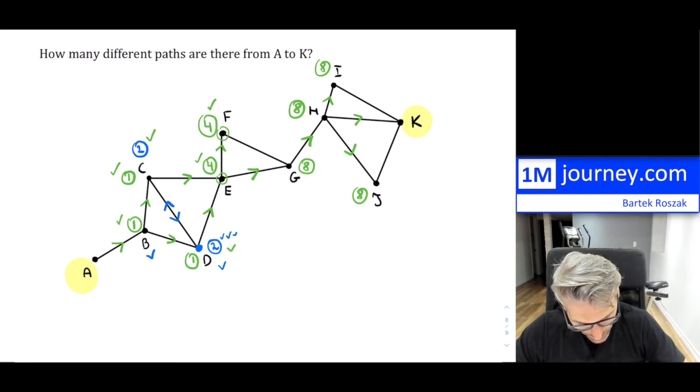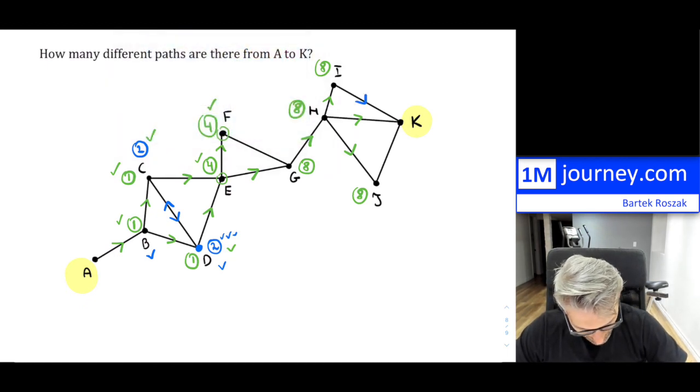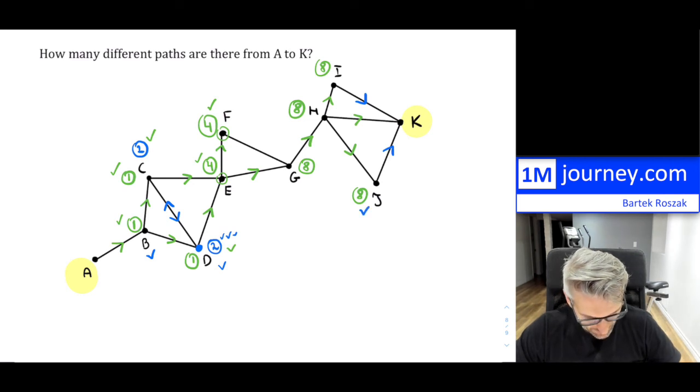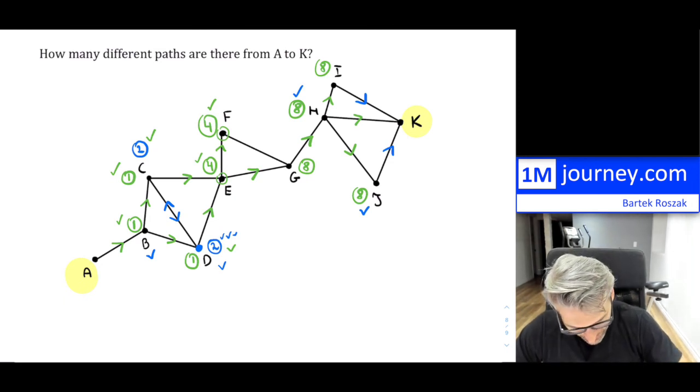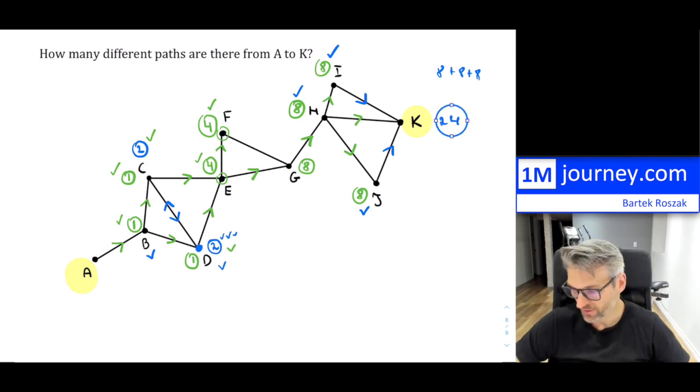However, now notice that you can also get to K from here. So that would have been 8 going from J, 8 going from H, and then 8 going from I. So in total, that's 8 plus 8 plus 8, which is 24 different ways that we would have there.